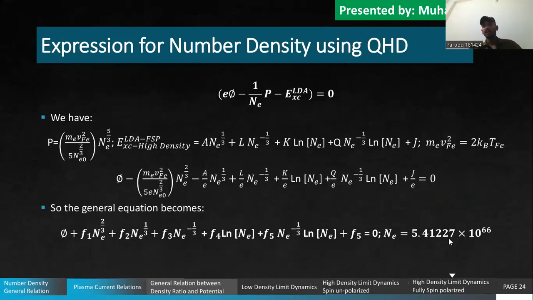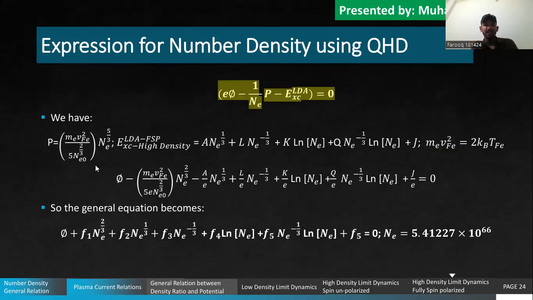Now again we are using a similar method in the three cases: low density limit, high density limit spin polarized, high density limit dynamics fully spin polarized. Only the parameters are varied. The method is the same. So for calculating number density, we put exchange correlation energy, Fermi pressure, and MV EV FC square equal to 2 kBT Fe square in the above equation.